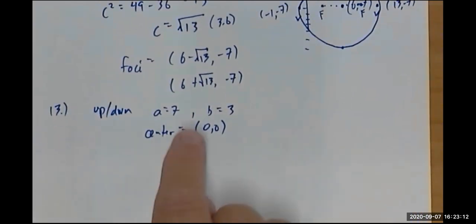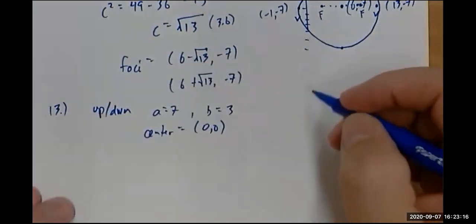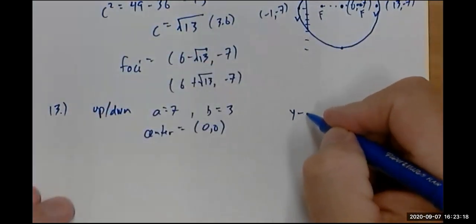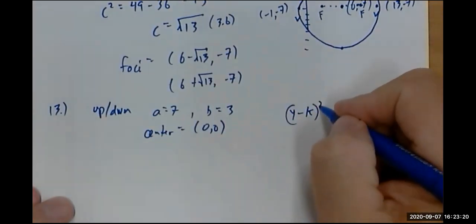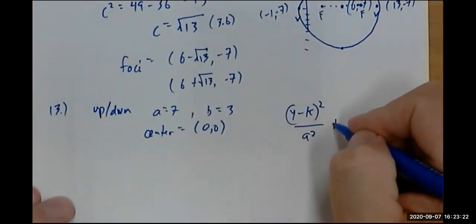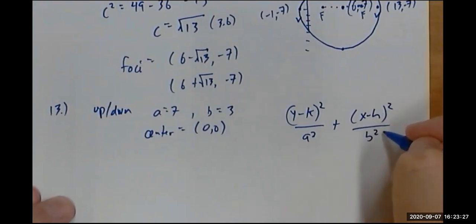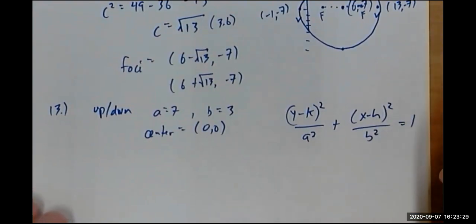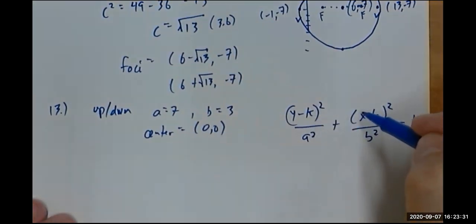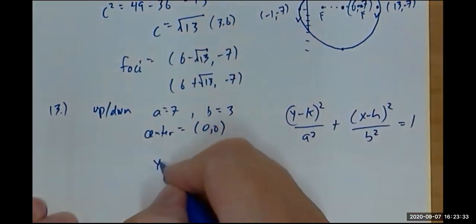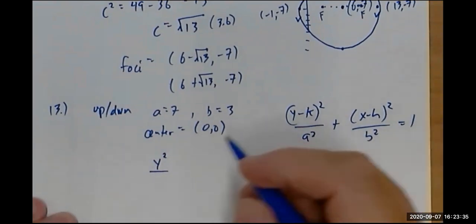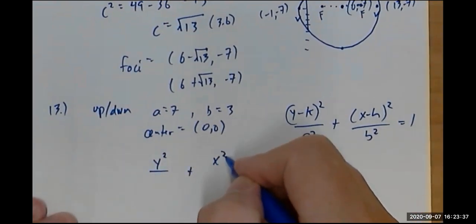So here's the information we have. I know it was an up or down ellipse. The equation for an up or down ellipse is (y minus k) squared over a squared plus (x minus h) squared over b squared equals 1. h and k are 0. So that's just going to be y squared and then x squared.